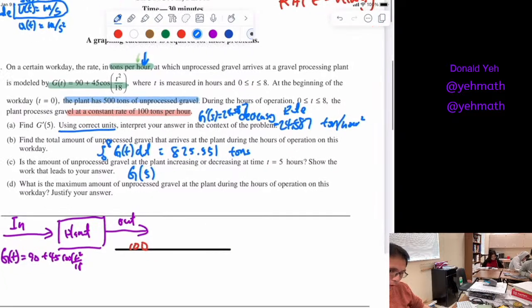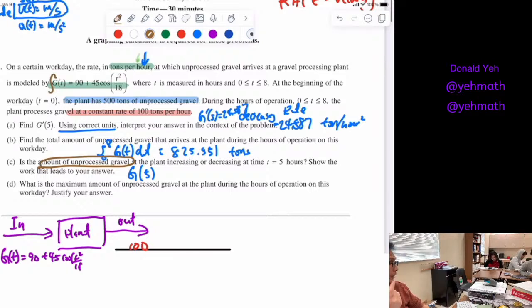The subject in here is the amount of unprocessed gravel. That means you have to integrate G of t. But since it talks about increasing and decreasing, that means you take a derivative of the integration, which goes back to G of 5. So we only talk about unprocessed gravel. We're not talking about a net.